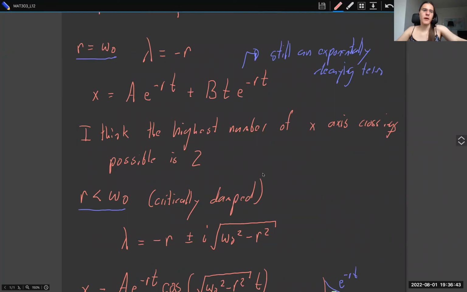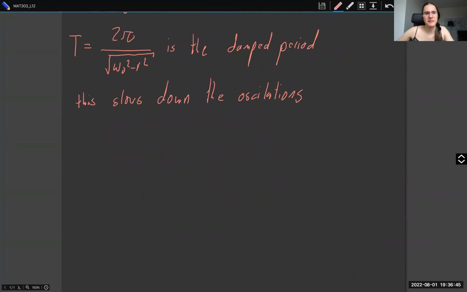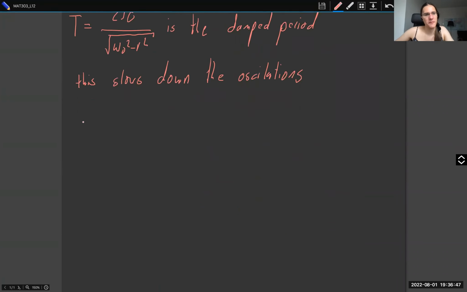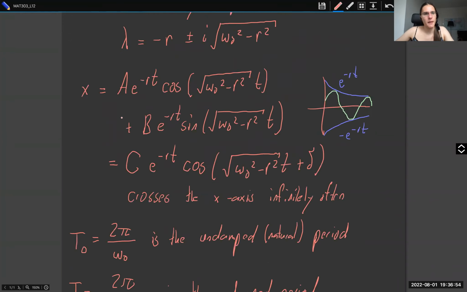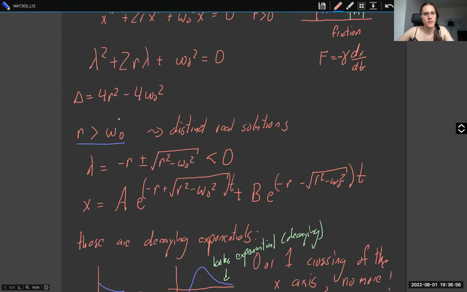But okay, and so now we get into the most interesting case, which is forced. Did I capitalize these things? Yep.